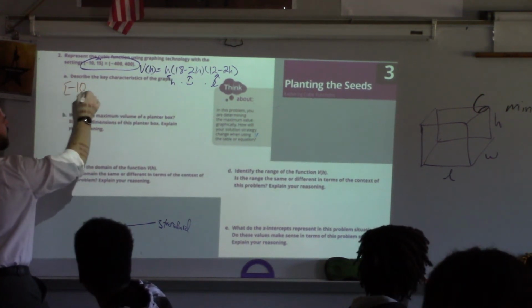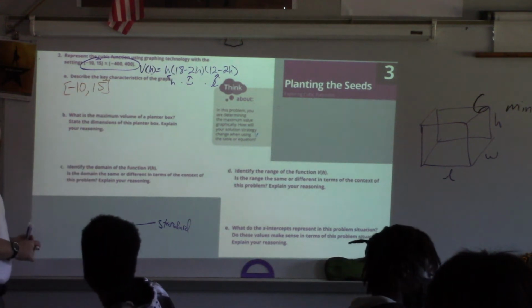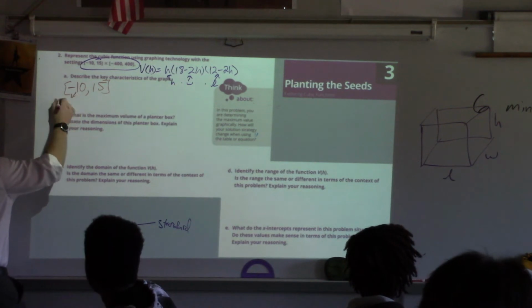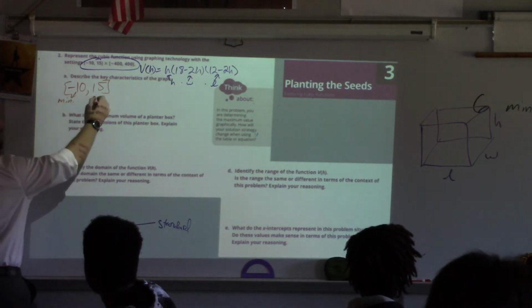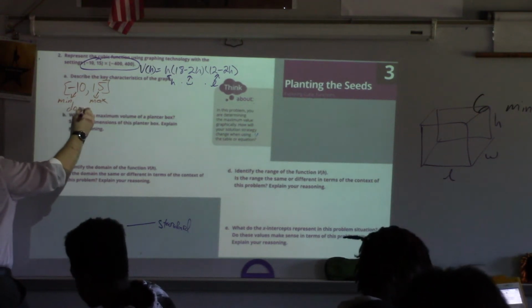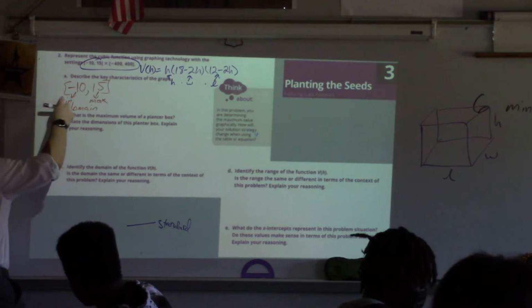Does anyone recognize that notation? That's interval notation, right? Remember how this is the minimum value, comma, the maximum value. We always put the domain, or the x values, first. So that's just interval notation.